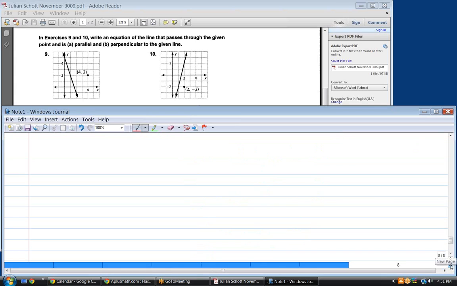Write an equation of the line that passes through that point, 4, 2, and is parallel, and another equation that's perpendicular. So we're doing 9. Let's do the parallel part first. The point is 4, 2.